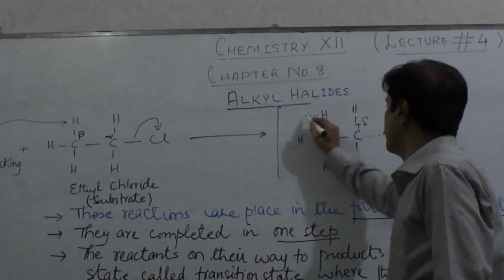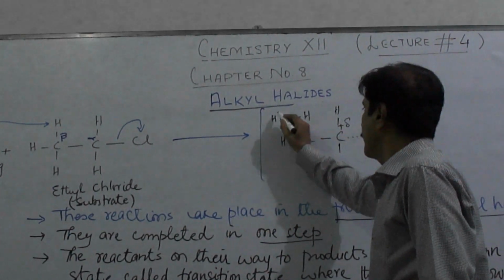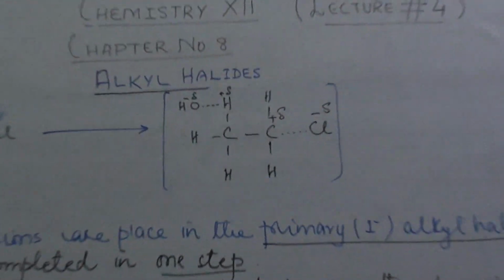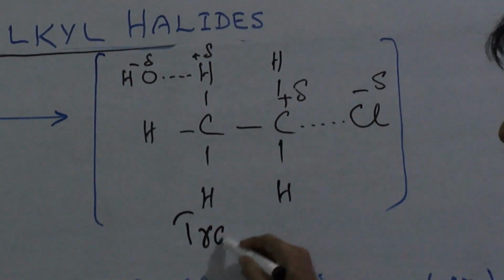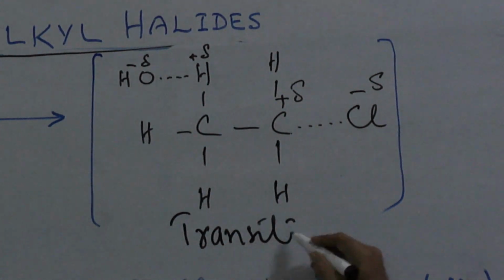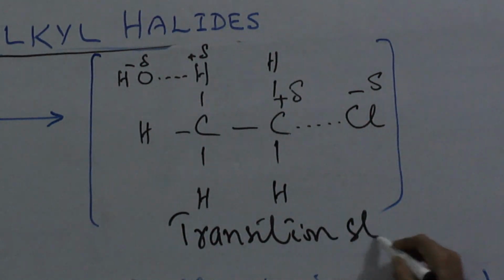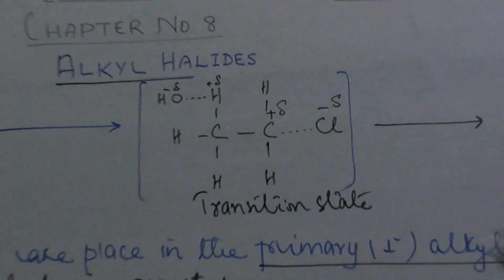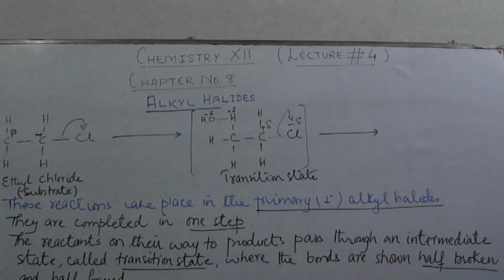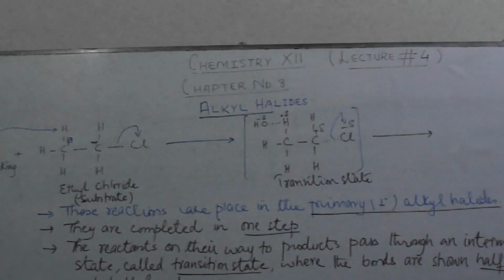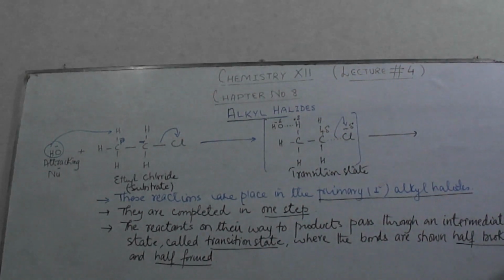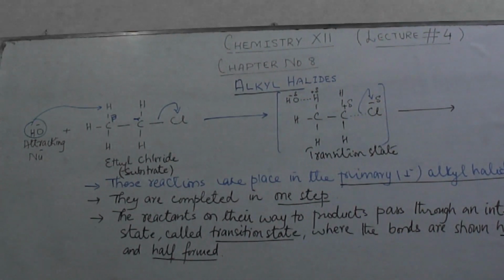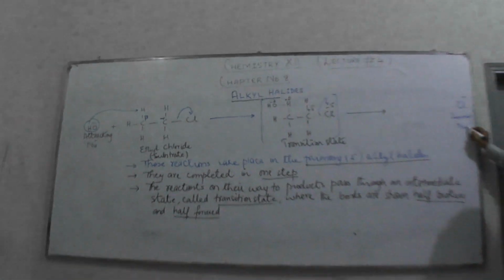Similarly, the bond between H and OH will be shown half formed by means of a dotted line. This is the transition state. Finally, this chlorine will detach itself from the molecule and leave the molecule as the leaving nucleophile.